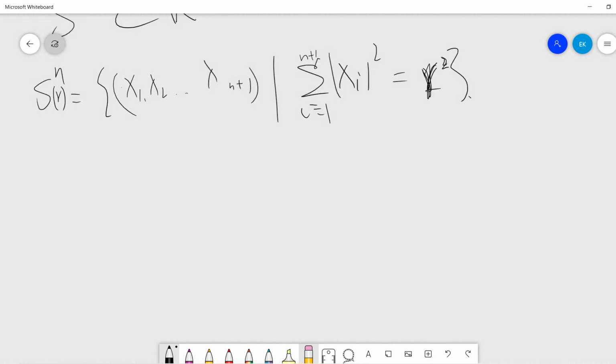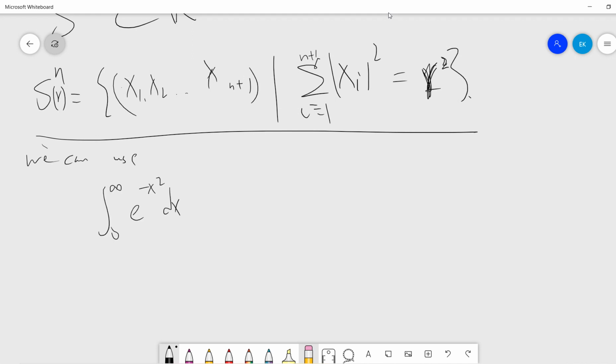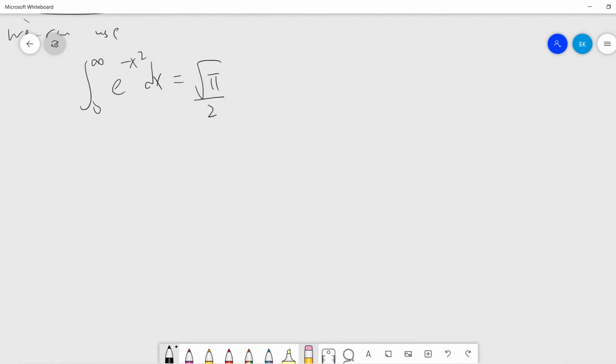The key point is to calculate this one, and we can use the famous integral to help us. This is the square root of pi, sorry, I think square root of pi divided by 2. If I change the lower limit from 0 to minus infinity, then this is square root of pi.